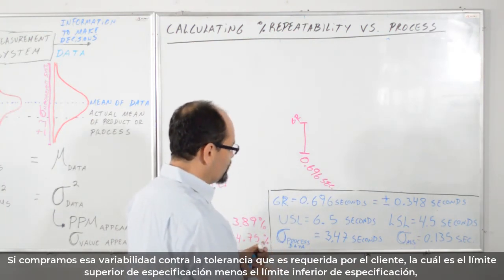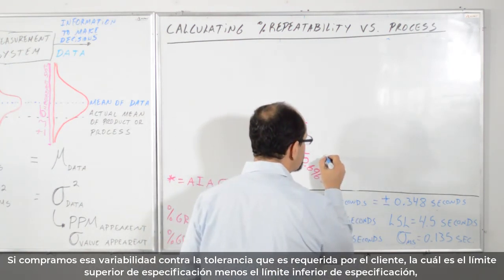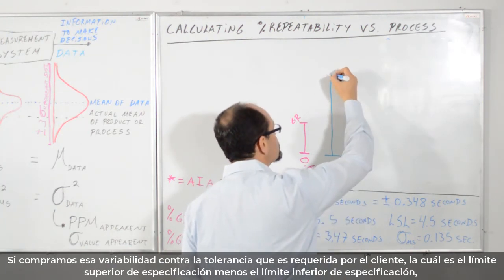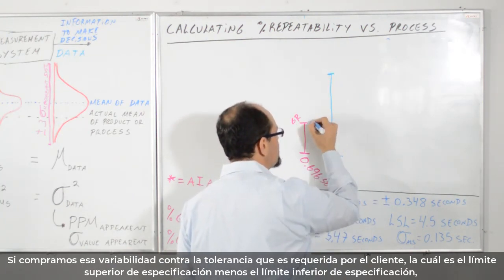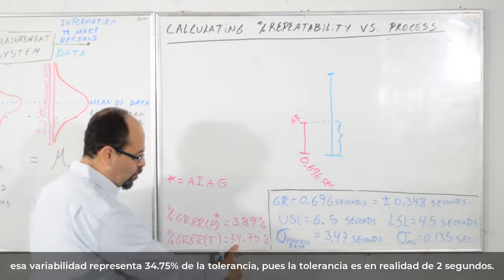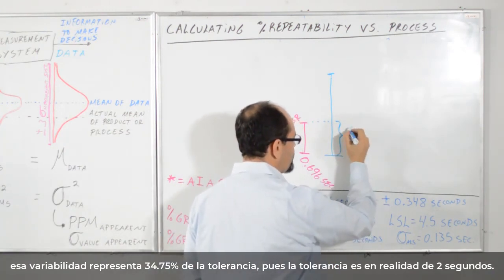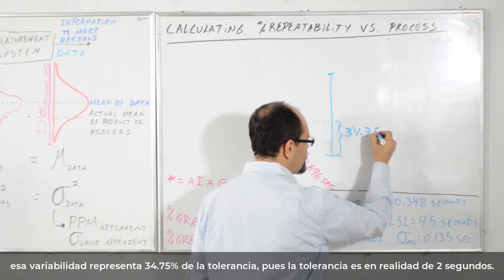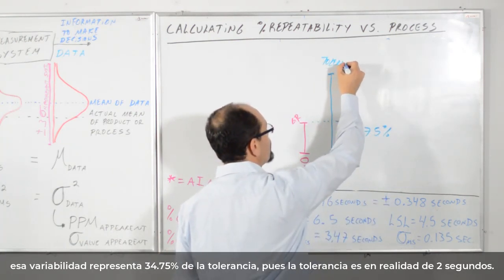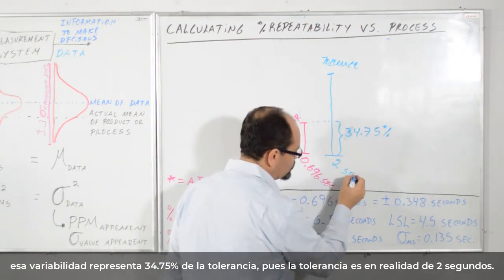If we compare that variability against the tolerance that is required by the customer, which is the upper specification limit minus the lower specification limit, that variability represents 34.75% of the tolerance. Because the tolerance is actually 2 seconds.